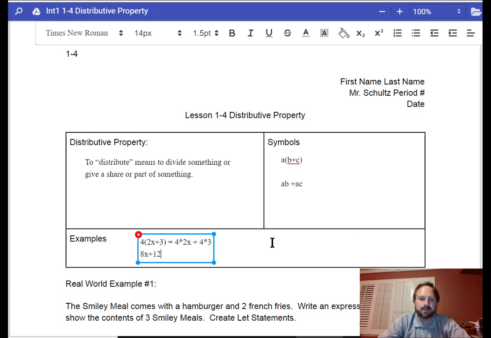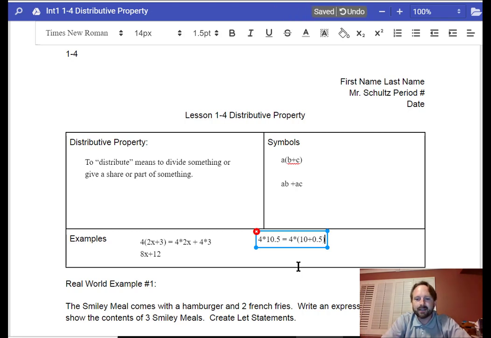Now, another example with this would be 4 times 10.5. If I had 4 times 10.5, that's the same thing as 4 times (10 + 0.5). Does that make sense? Yes or no?